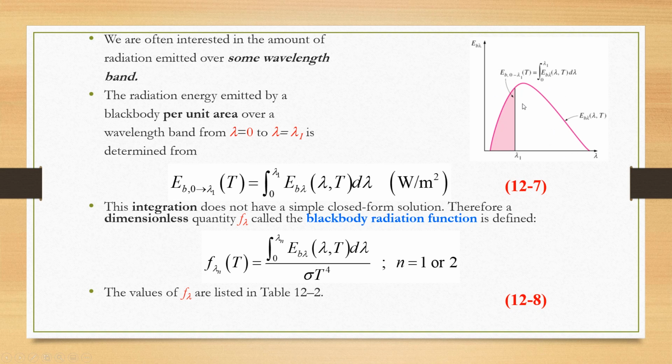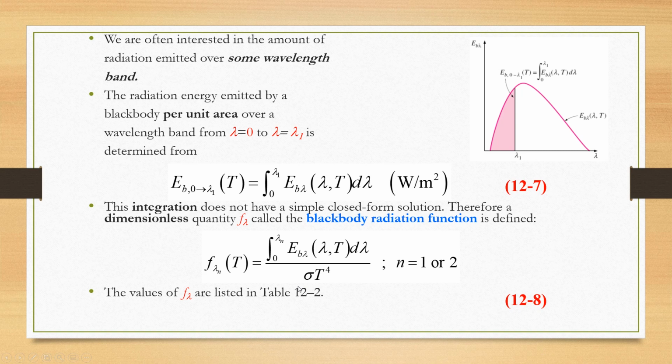Understand? This is E_b lambda, lambda T. We have to find the total of this emissive power, and by dividing this with this, we get f lambda n at the specified temperature, which means this graph is for 100 Kelvin. So it is lambda T to the power of 4, and n is equal to 1 or 2, f lambda 1 or f lambda 2.